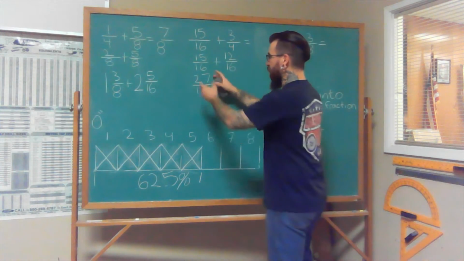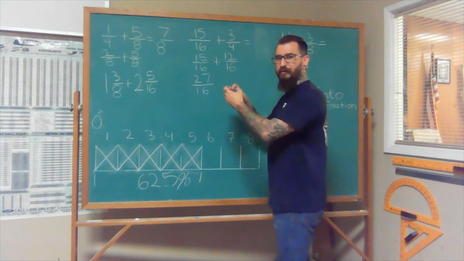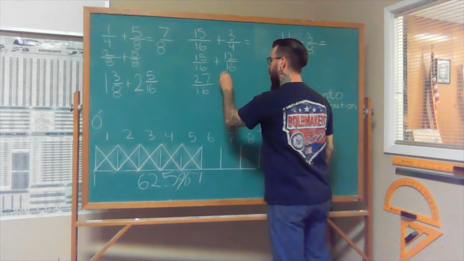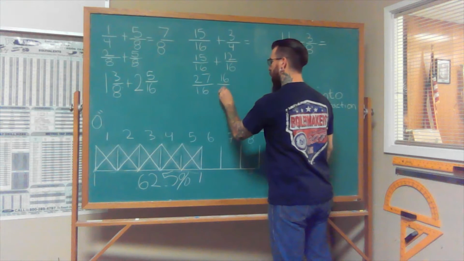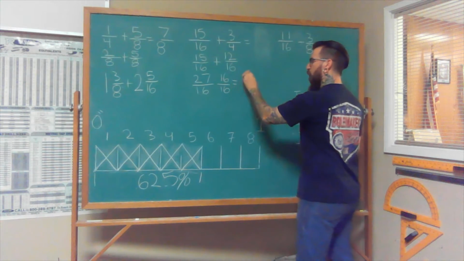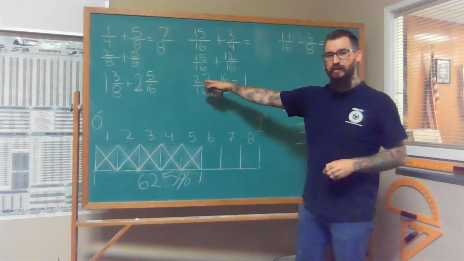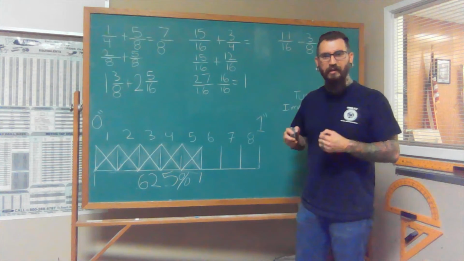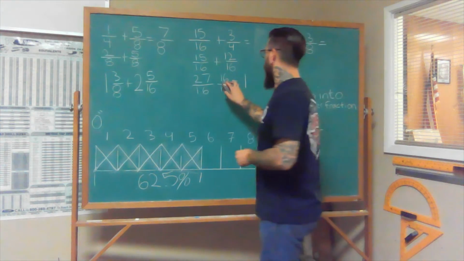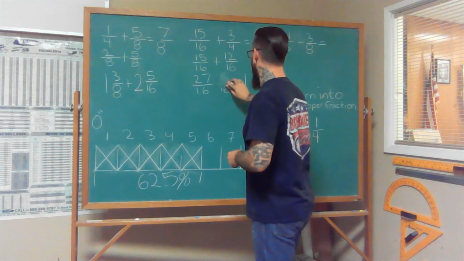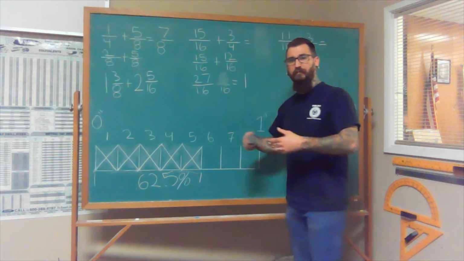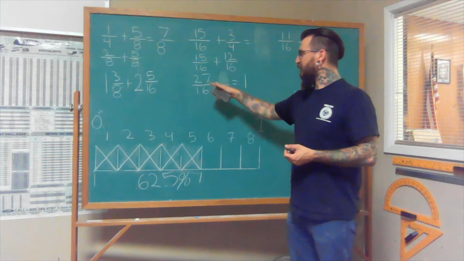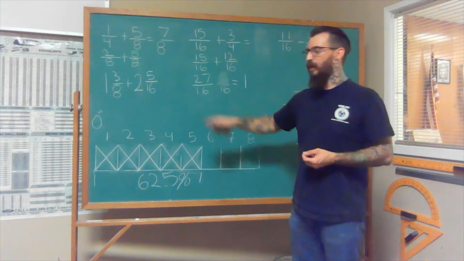So if we just stole 16 from 27, we just took it right out of it and we put it over that 16, that's going to give us one hole. We stole 16 away from 27 from the top, because we're trying to make it so it's not top heavy anymore. So there's still some left over on that top.